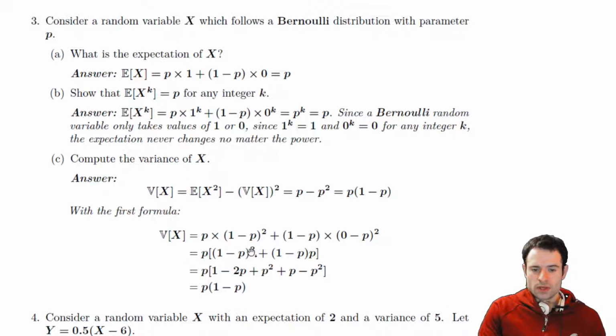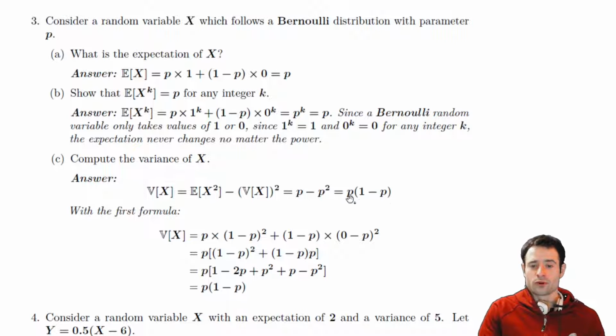This here will be equal to 1 minus 2p plus p squared. Here I'm going to have p minus p squared. And finally I can cancel out p squared here, and I am left with 1 minus 2p plus p. Minus 2p plus p is equal to minus p, and I get 1 minus p.